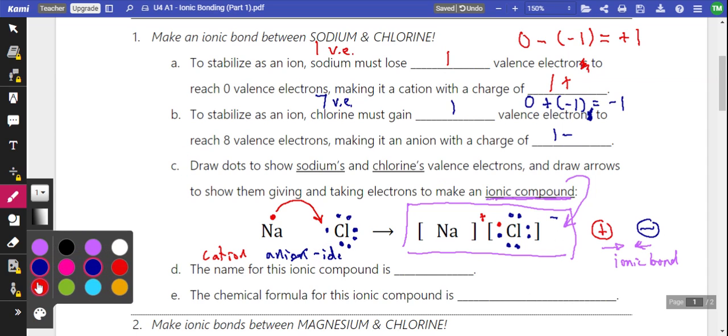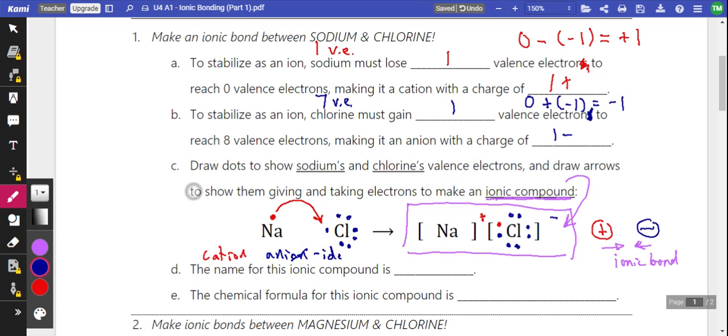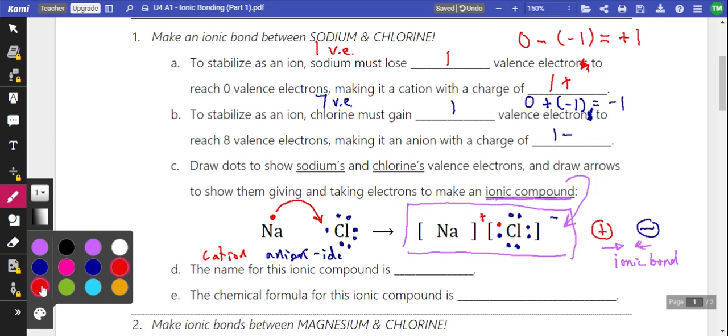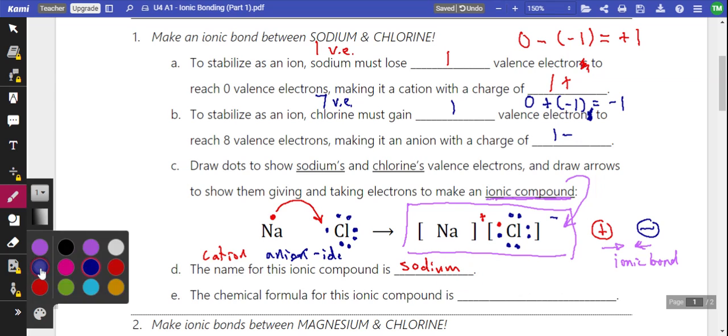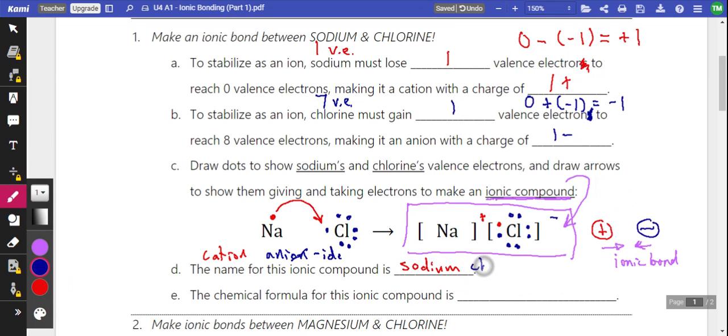Okay, so if this was a compound made of sodium as its cation and chlorine as its anion, we chop this end off. So instead of chlorine, it's going to be chloride. All right. So in total, the name is going to be sodium chloride.